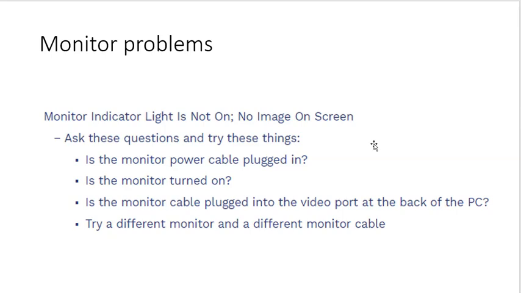Over time, especially if people are rocking that monitor back and forth to try to see it better, or raising it and lowering it, moving it around, that can cause some of those cables to work loose and then cause you to have an intermittent signal.